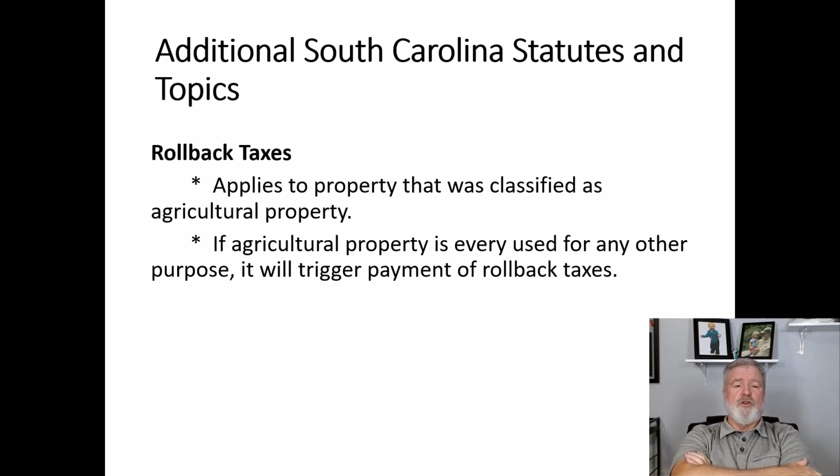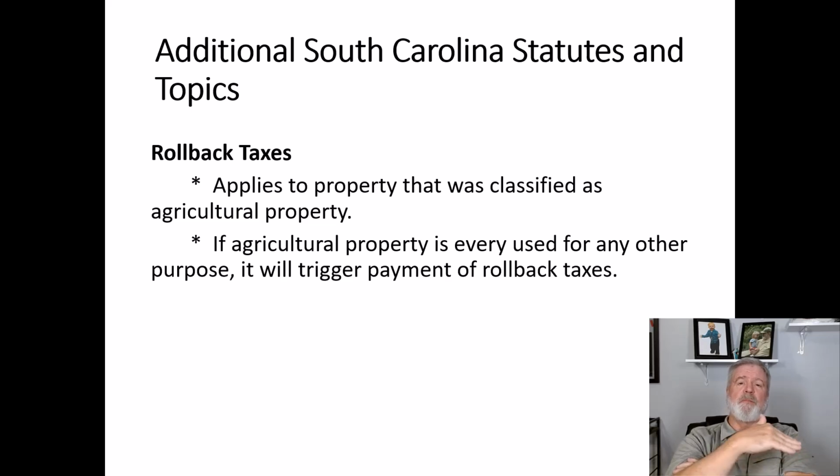But as long as you're using it for agricultural purposes, then you could actually get the whole property classified as agricultural. Well, if it's classified agricultural, then the assessor does not consider agriculture to be the highest and best use of the property.